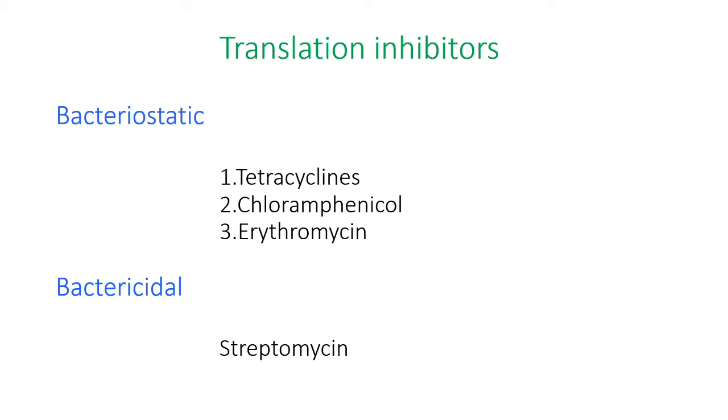You also need to know how the inhibitors act. Tetracyclines inhibit attachment of aminoacyl tRNA to the A site. Next, chloramphenicol inhibits peptidyl transferase. Erythromycin prevents translocation.